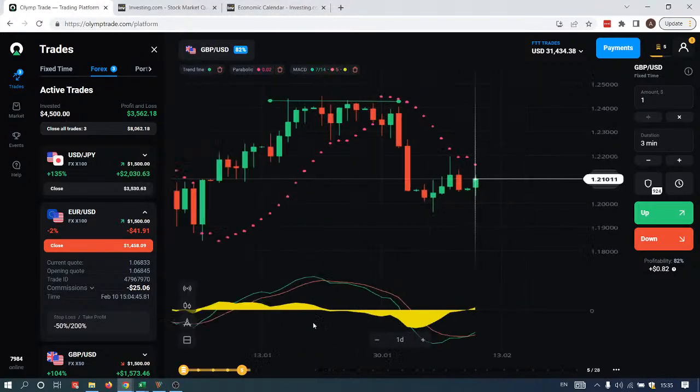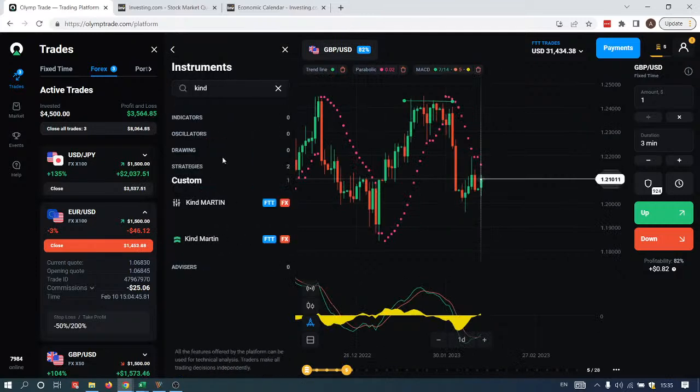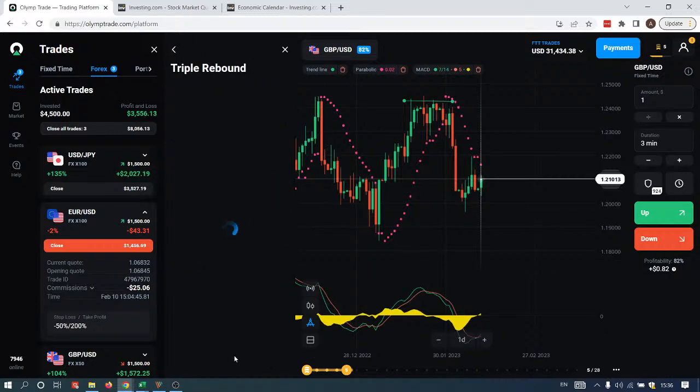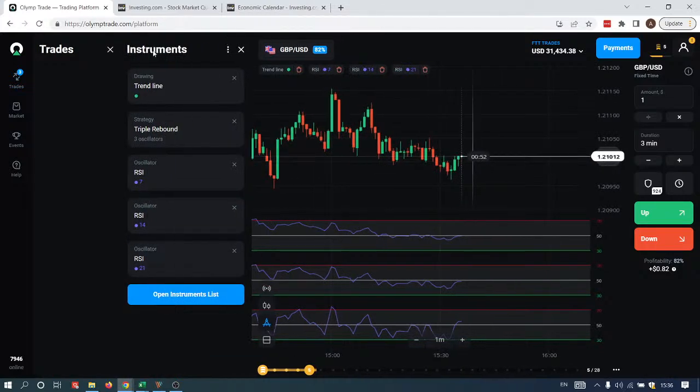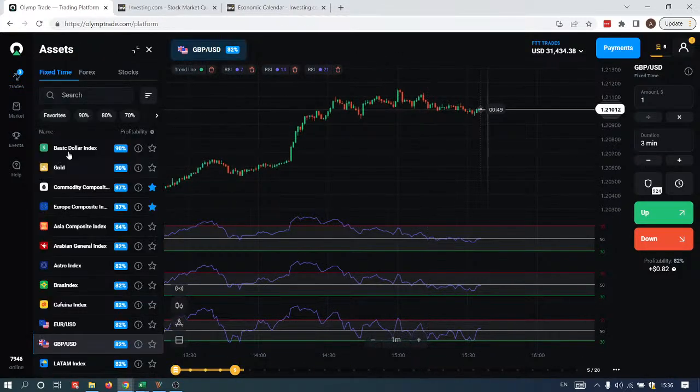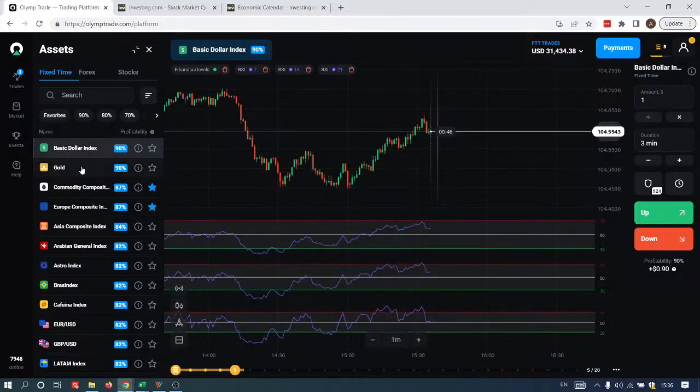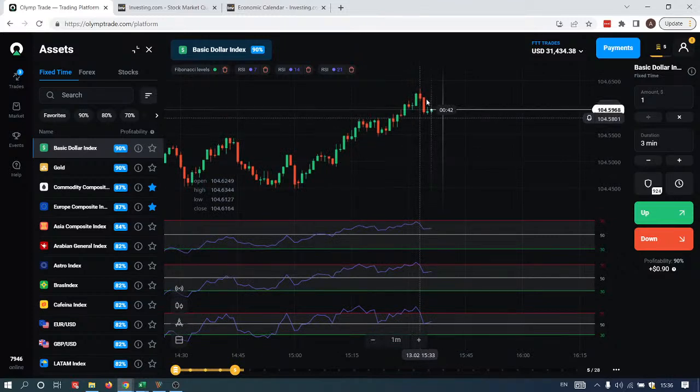All right, about the RSI indicator, I definitely want to recommend a strategy called triple rebound, which is based upon 3 RSIs. So we have 3 relative strength index indicators. Find a webinar on this strategy on our YouTube channel, and you will see.